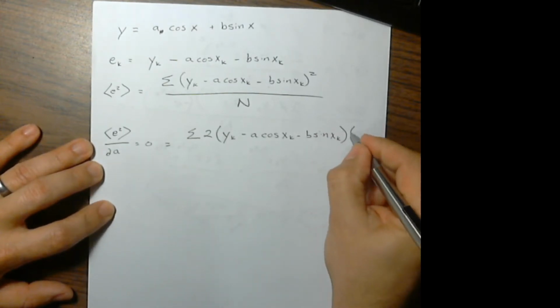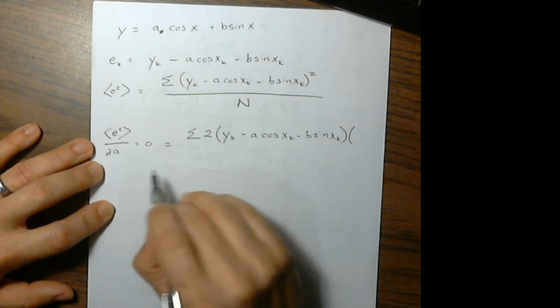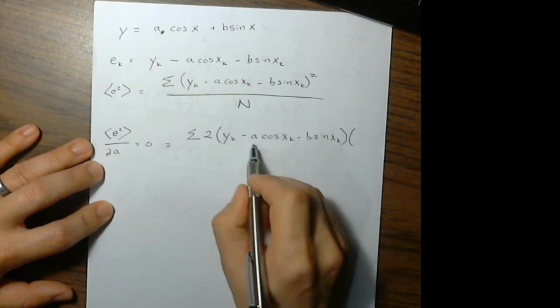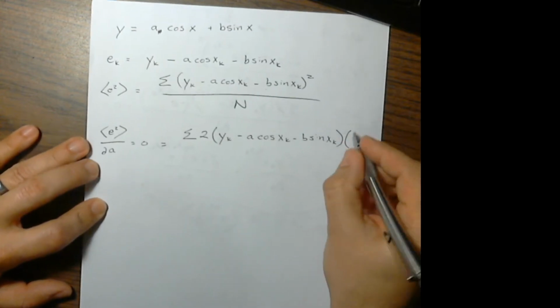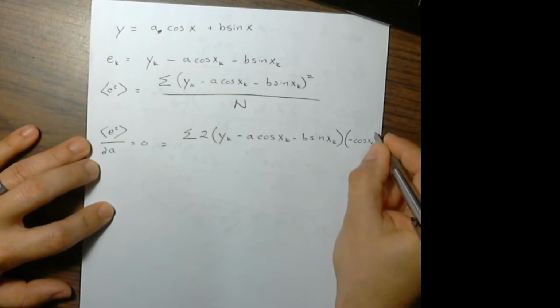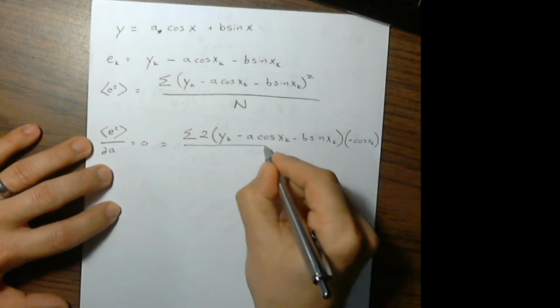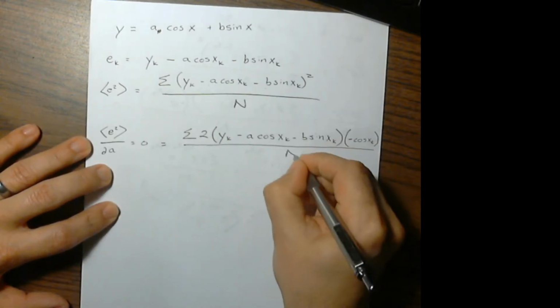And multiply by the inside derivative, which in this case, if I differentiate with respect to A, everything else that isn't A just looks like a constant. I'm almost out of paper, but I made it. All right. Lovely.